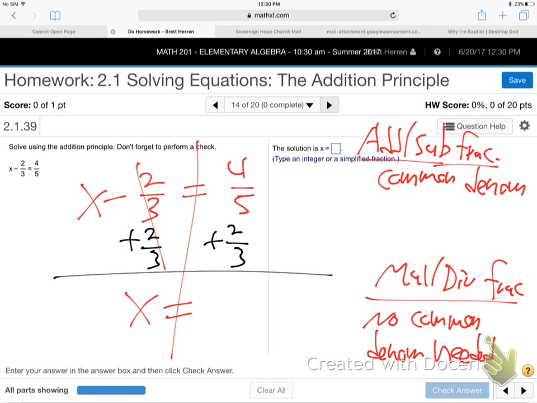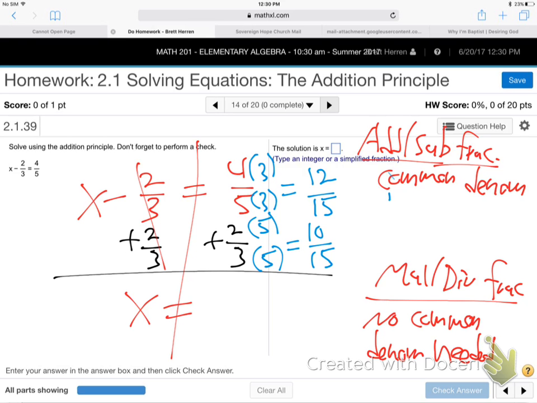So what are we going to do to get a common denominator on this one? Yeah, multiply top and bottom by the other one. Exactly right. So this one, top and bottom by 5, becomes 10/15. This one, top and bottom by 3, becomes 12/15.